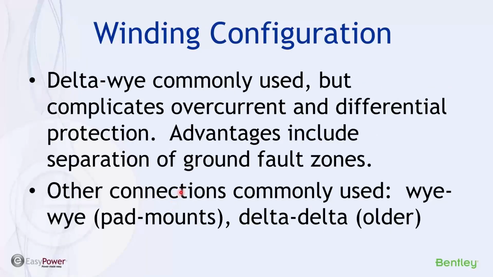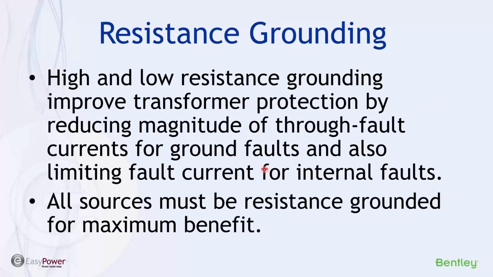Now we described the delta Y impact on primary protection, but there's others, and there's other schemes that are used in the industry. EasyPower takes care of these automatically, but there's something to take into account based upon what your particular system is doing.